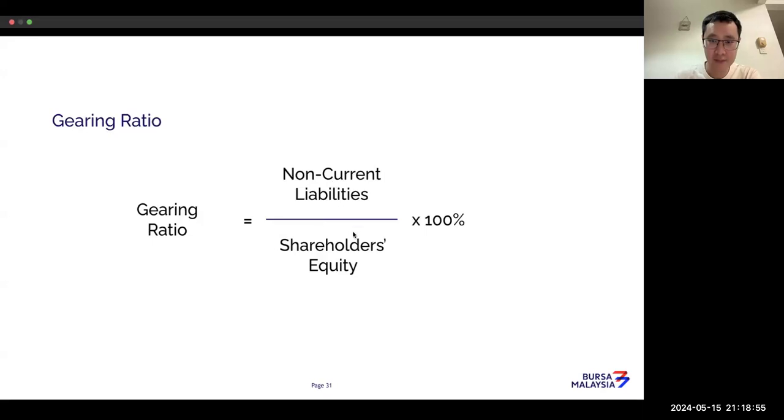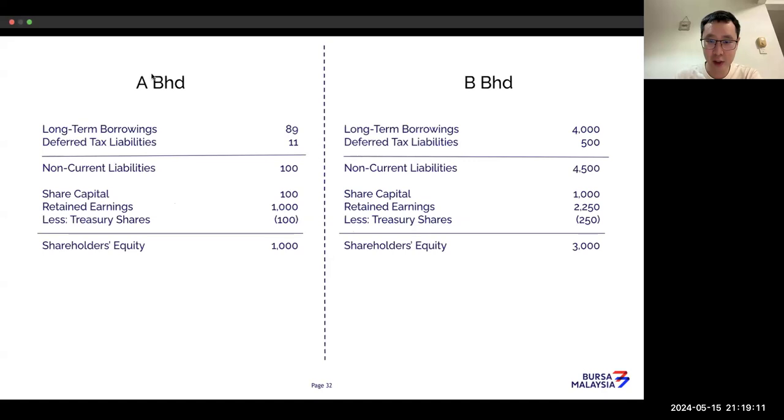So non-current liabilities, you divide by shareholders' equity times 100%, and there you go. That is gearing ratio. Before I continue, I just want to let you know that there are multiple ways to calculate gearing ratio. It doesn't matter what formula you use, but what is important is to find out the pattern.